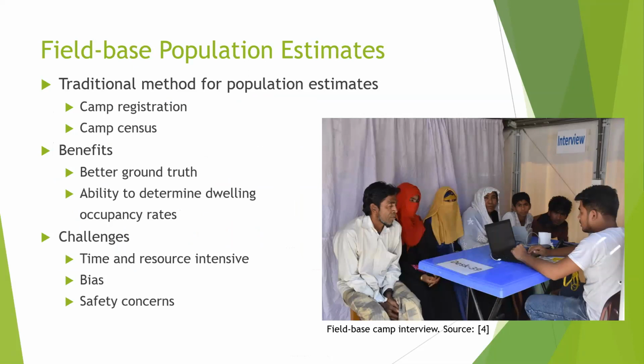Additionally, they have a better ability to determine dwelling occupancy rates compared to image-based population estimates. However, some of the challenges, as I previously stated, for field-based population estimates are that they are time and resource intensive. They could be biased for political purposes, as well as raise safety concerns, as you need to put people in dangerous situations because a lot of these camps are located in high conflict zones.